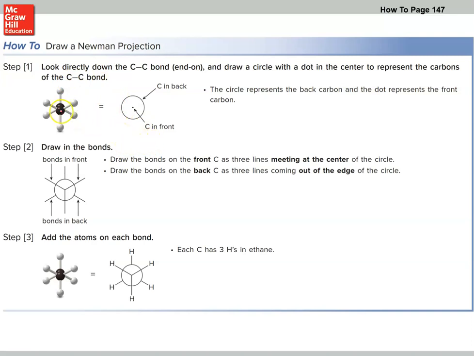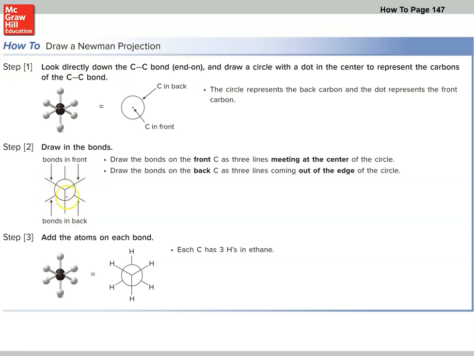In this conformation, what we're writing here, this carbon is really the front carbon, this little dot right here, and this big circle is the carbon behind it. That allows us to draw the lines to the attachment points here. So if we draw these 3 lines, that represents the 3 hydrogens coming off at those different angles.